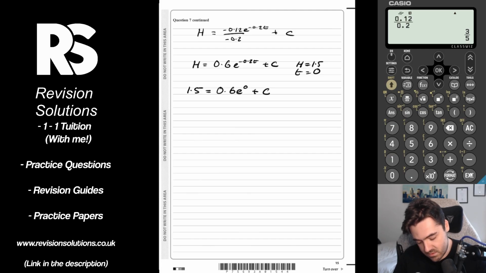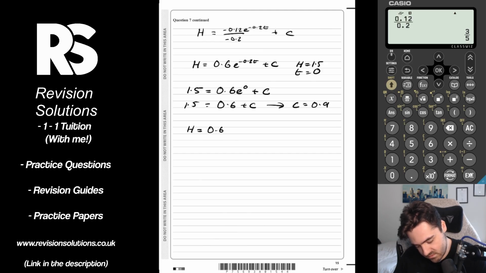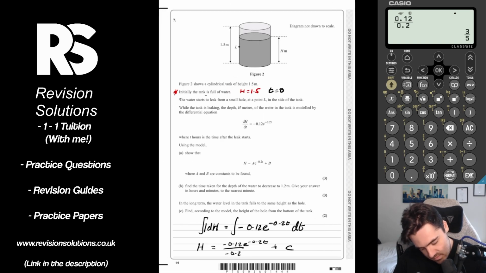E to the 0 is just 1, so we have 1.5 equals 0.6 plus c. So c must be just 0.9. So our full solution is 0.6 e to the minus 0.2t plus 0.9. So that's part A dealt with.